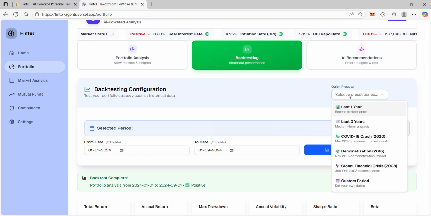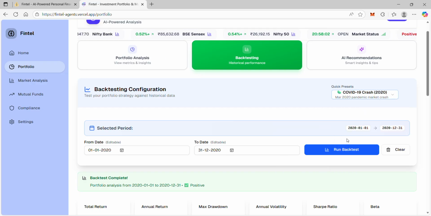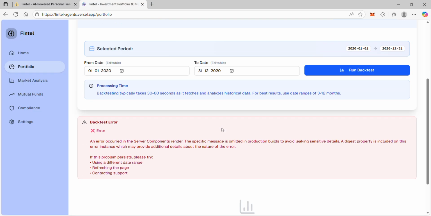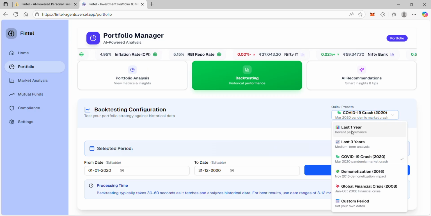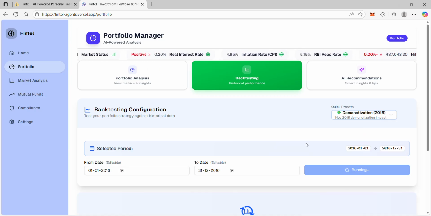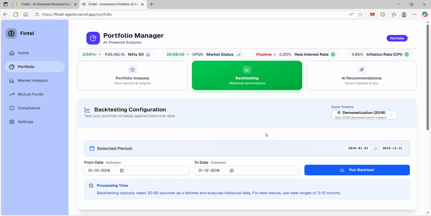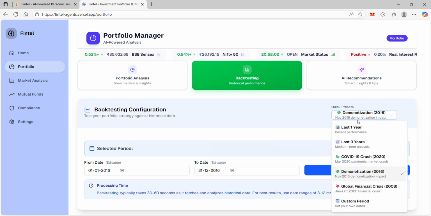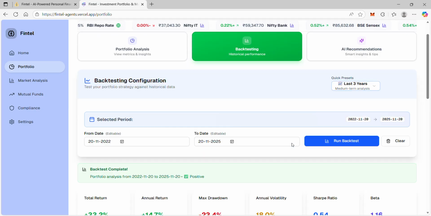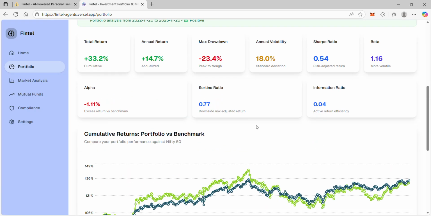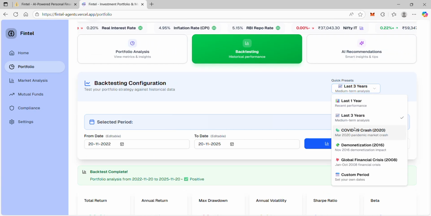Now, if I want to backtest my portfolio during a certain period, like the last 3 years or COVID, for example, I'll select how my portfolio might have performed in COVID-19. Yeah, it takes time because of the API call.